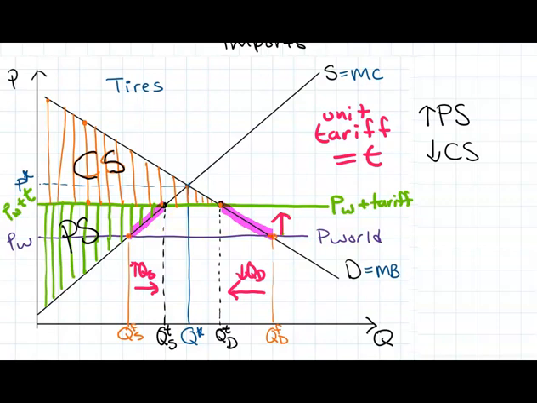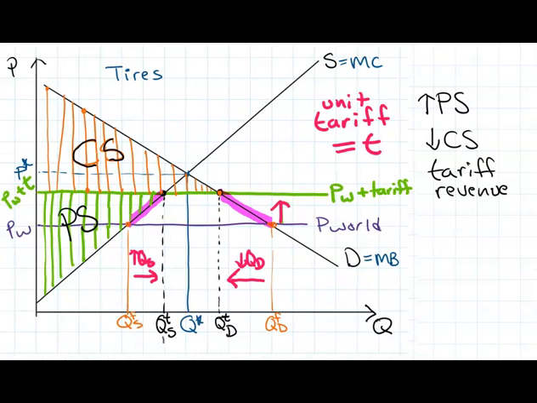Well, we now have tax revenue. We have tariff revenue, which is a form of tax, right? So where is the tariff revenue here? Well, I should have mentioned this a second ago, this is our new imports with the tariff. It was much bigger, but now it got smaller, because the tariff raised the cost of the imports, which made people less willing to buy them.